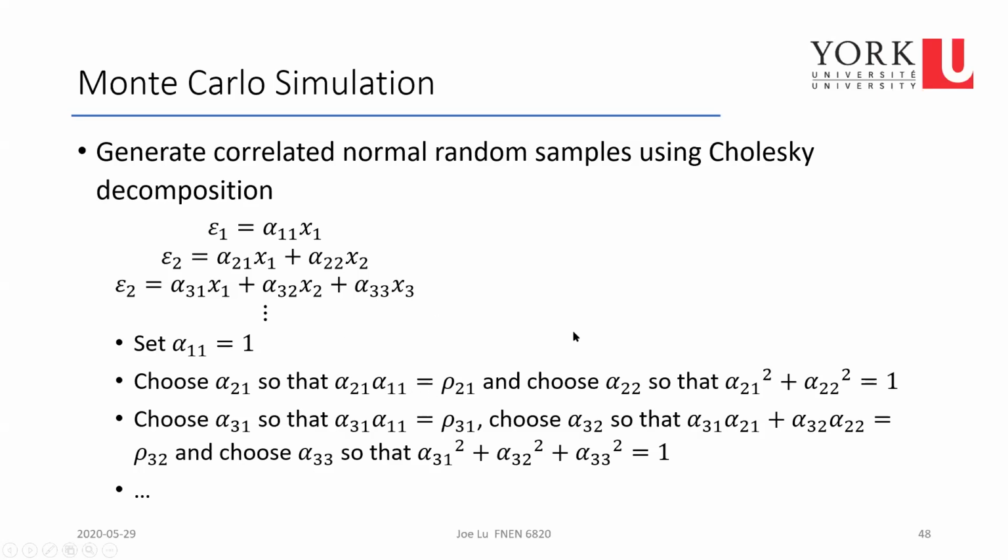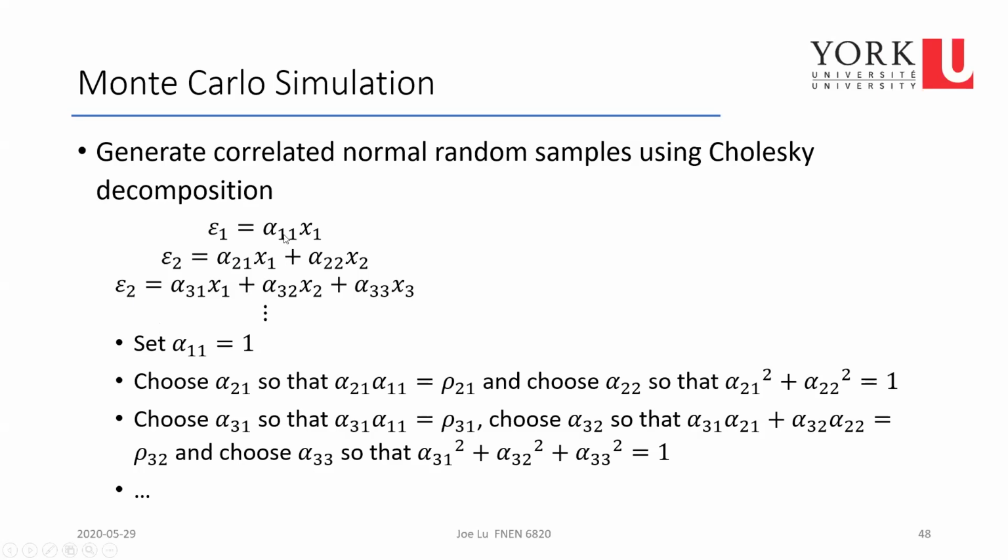Then alpha 2-2 is really such that alpha 2-1 squared plus alpha 2-2 squared equals 1. With this Cholesky decomposition approach, you can calculate epsilon 1, epsilon 2, and epsilon 3.